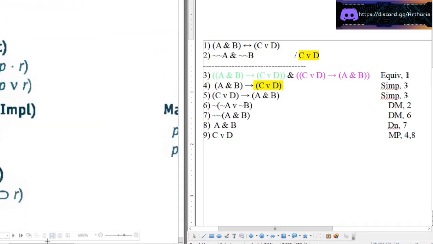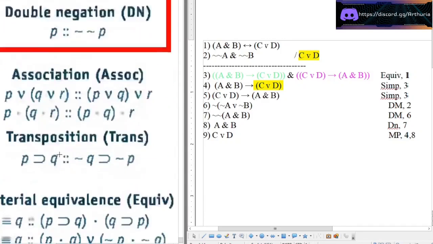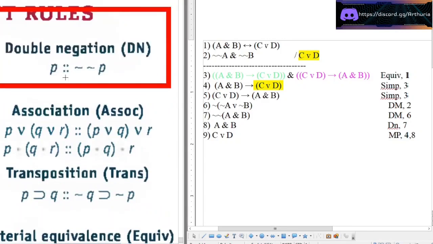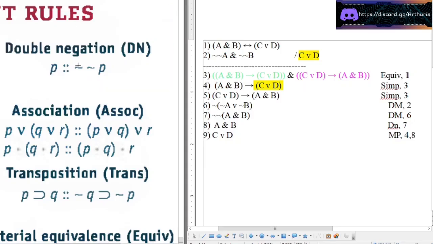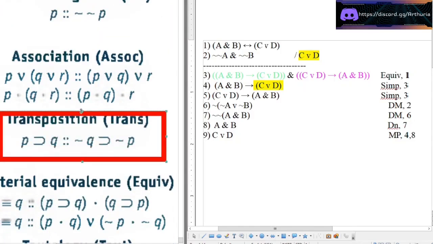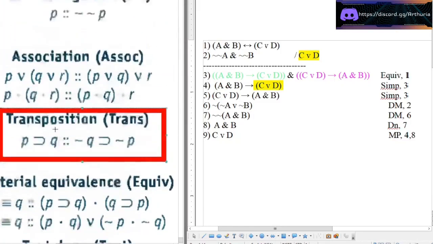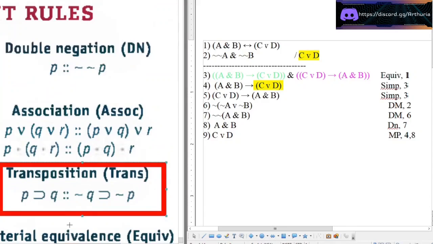Okay, other rule that's important is, so some rules are based on each other. We can prove that transposition is true if you grant me these over here.